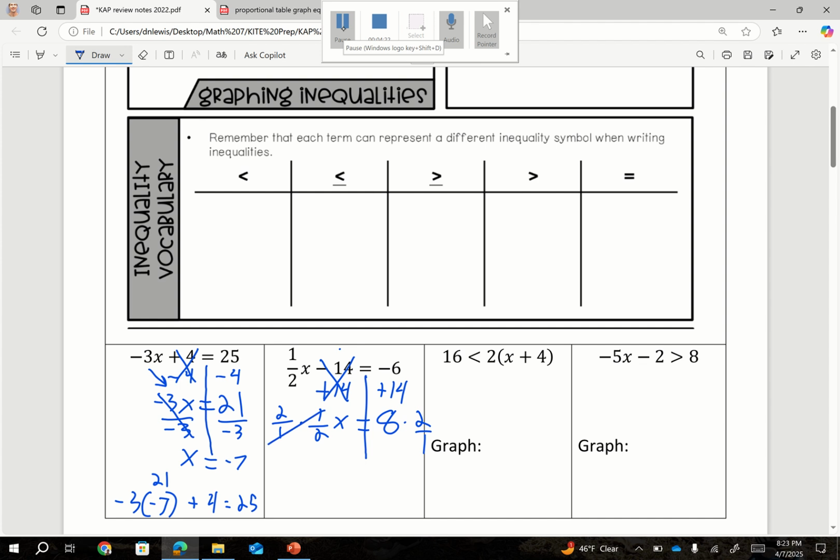I flip that fraction to get 1x equals 8 times 2 is 16. We'll check it. 1/2 times 16 minus 14 equals 1/2 times 16 makes 8. 8 minus 14 makes negative 6.